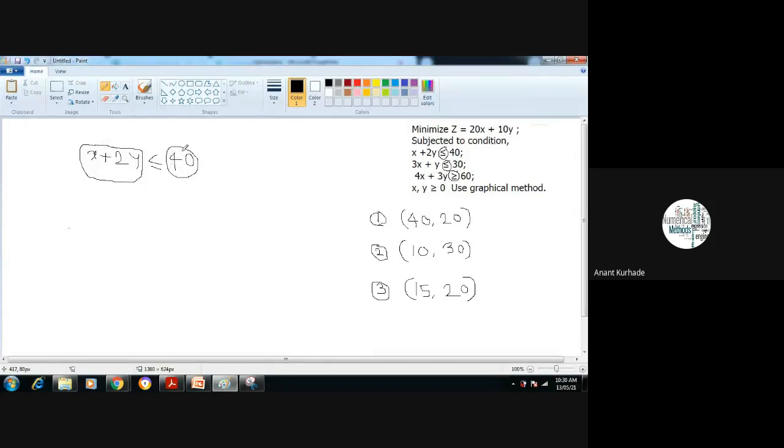In order to convert this inequality into equality form, you have to add the slack variable on the left side, and you can write: x plus 2y plus s1 is equal to 40.